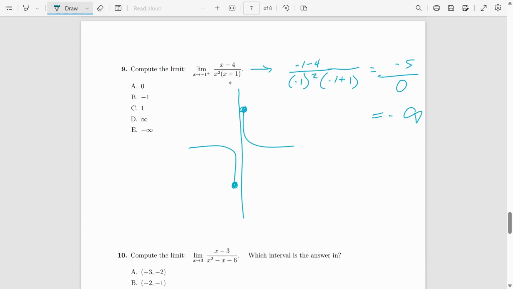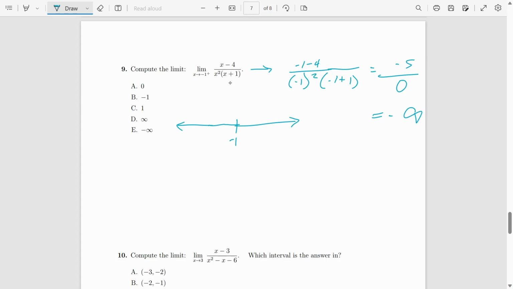So let's just check that out using our number line trick. So let's make a number line, and then the middle will be our limit. We're trying to find -1. And let's just plug in two values that are right around it. So let's not do 0 because 0 will just make it undefined again.